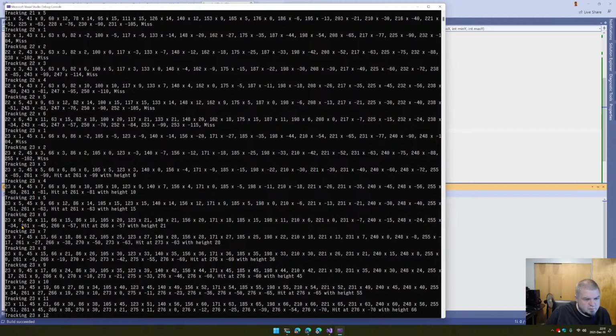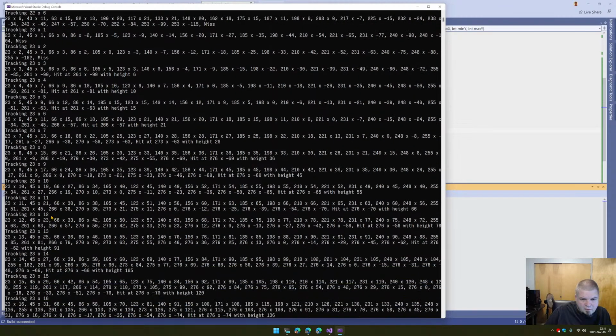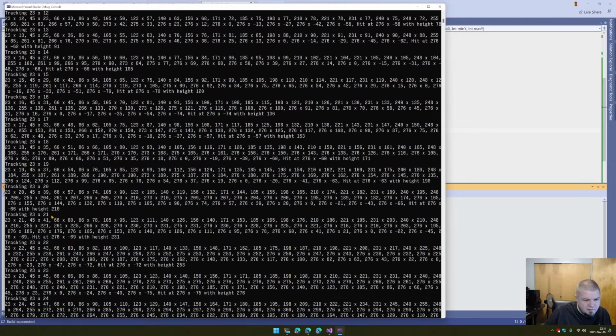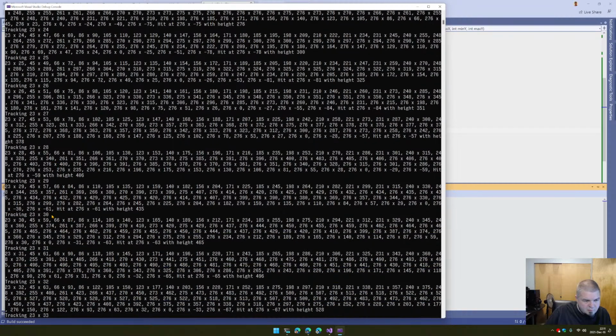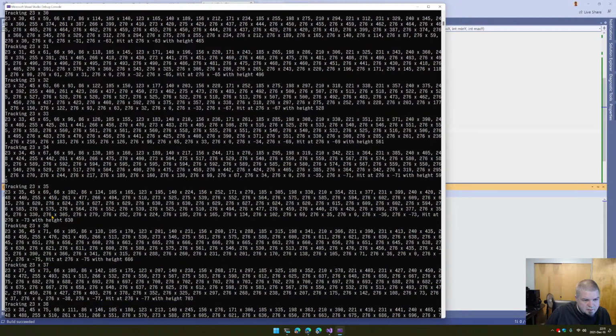Which is coincidentally the first time I think we actually hit the 0 velocity, right? In a hit range. And then we continue to hit over and over again.